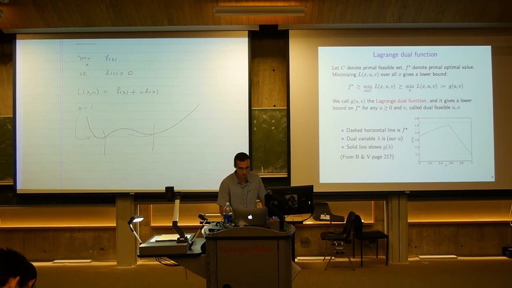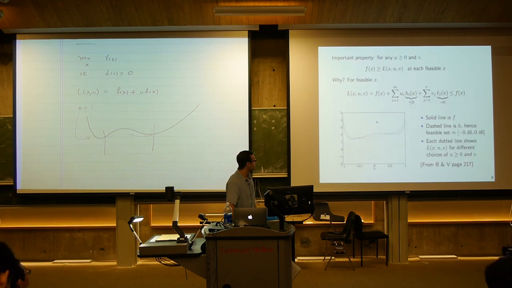And okay, so here was this example carried over from the last slide. So what we did is, for each fixed u and v, and in this case it was just u, because we didn't have any v's since there are no equality constraints, we just thought about minimizing this function, one of these dotted functions, over all x, not just in the feasible set, but over all x.